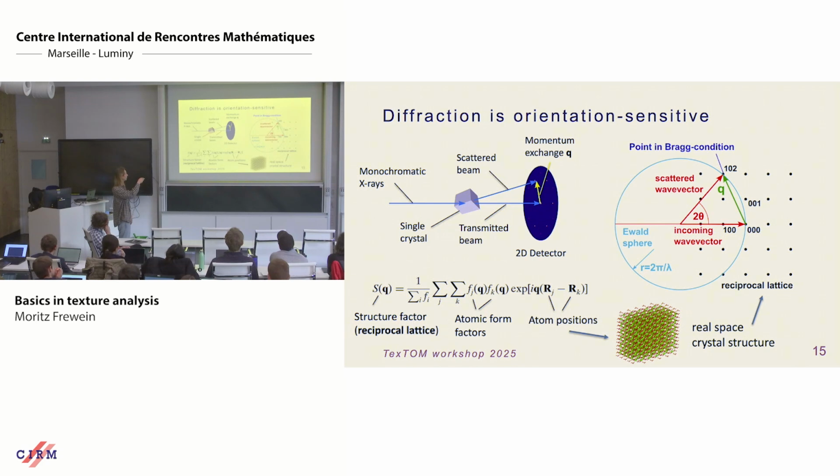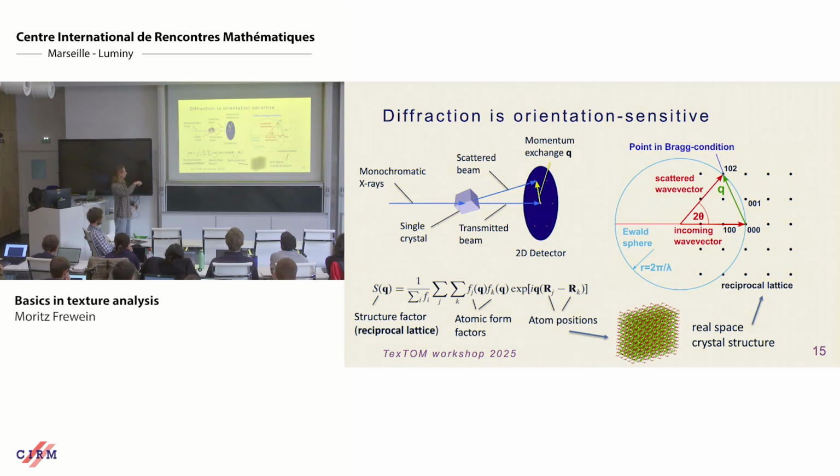So what we actually observe on the detector will be our reciprocal lattice cut with this sphere, whose diameter depends on the X-ray wavelength. And if a point lies on the sphere like this, for example here, we say it's in Bragg condition, and we will observe it on the detector.